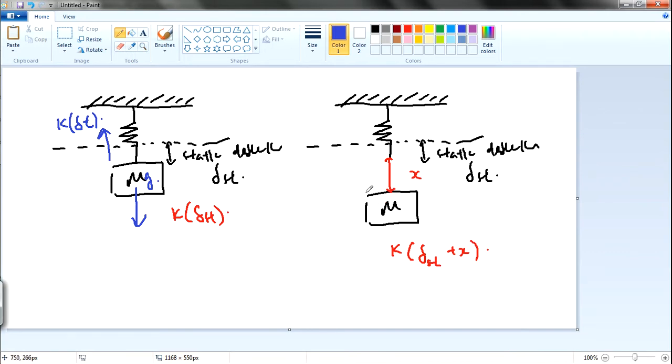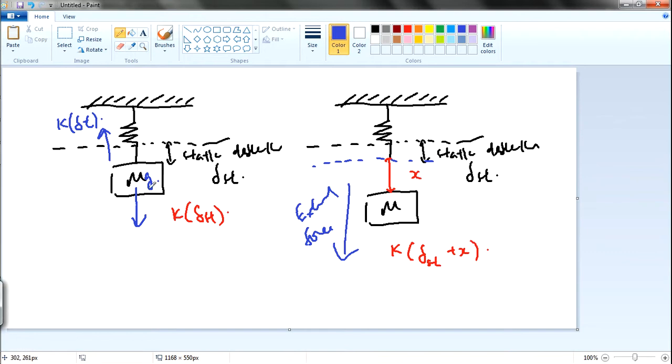And then once you put it down, once you have an external force, this is when you have no external force. This is when you have external force. You put it down, and when you stretch, you have another x value.